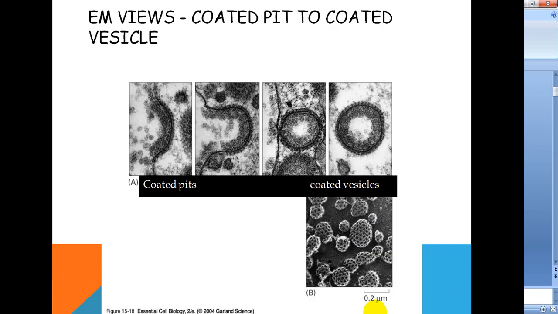Here this is the electron microscope view of coated pits and coated vesicles. These are coated vesicles, these are coated pits, and this is the coat protein.